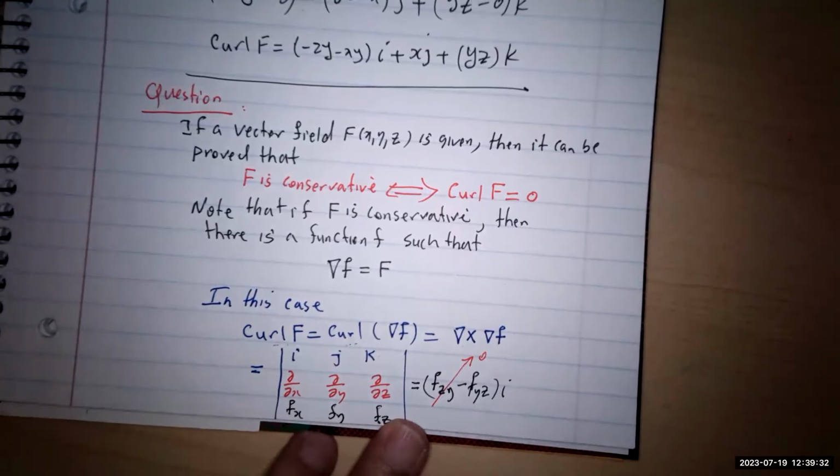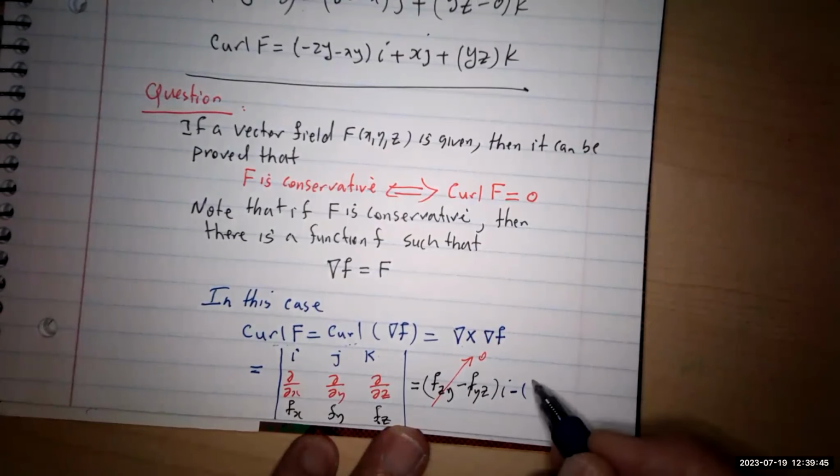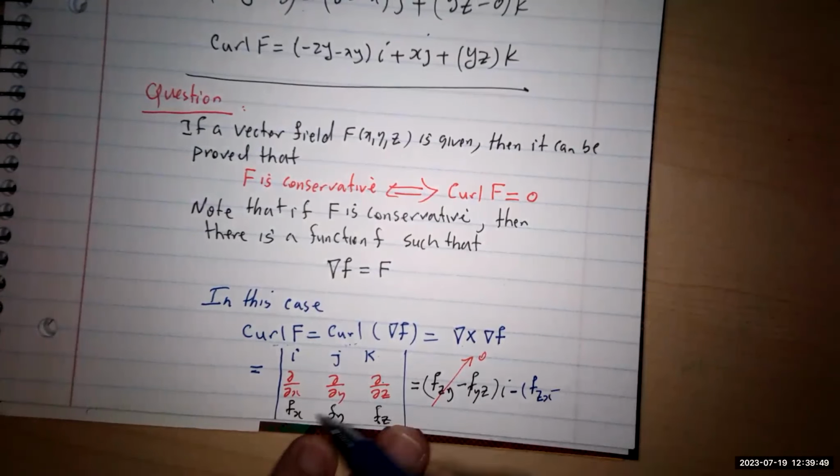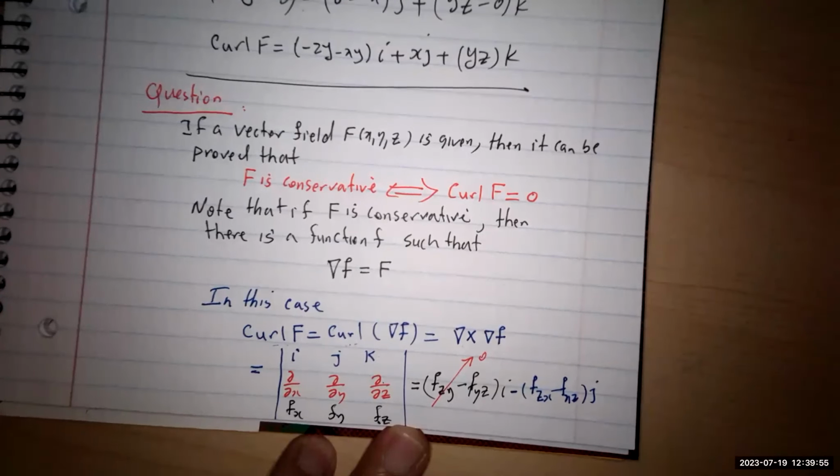It's the same for the others. Minus the second one: if you eliminate this column and the row, that gives you f_zx minus f_xz, which is 0.